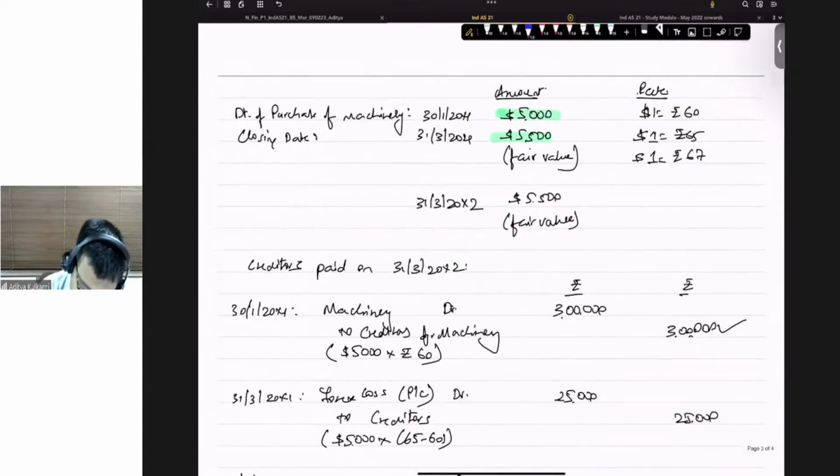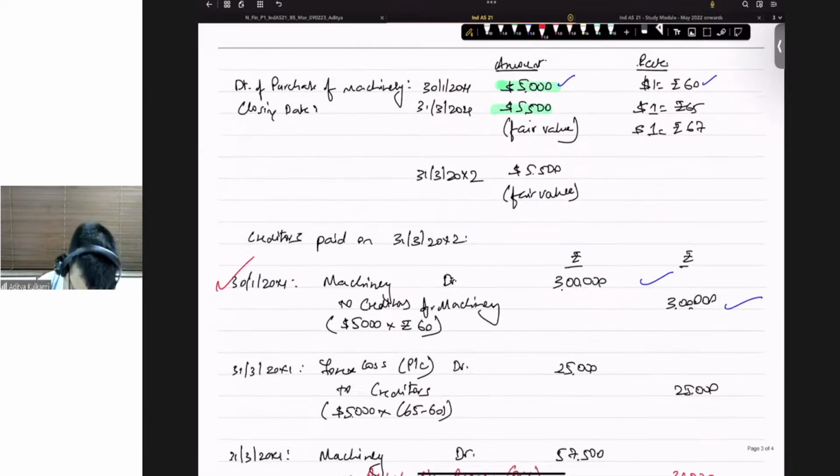I purchased the asset initially for 5,000 when the exchange rate was 60. So 5,000 into 60, I have done the accounting here. Okay. So this accounting is done. There should be no doubt here. Yes. So this is clear. We move to the next one.